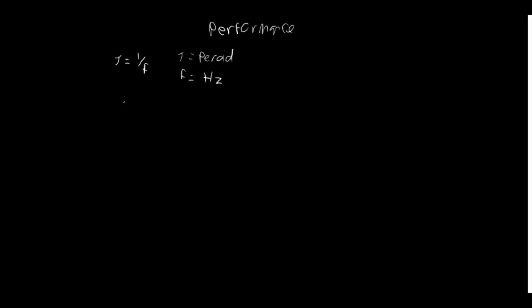Then we have CPI. Now CPI, personally, I like calling it average CPI, or CPI average, because this is what this is. Each instruction in your computer needs a certain number of cycles.